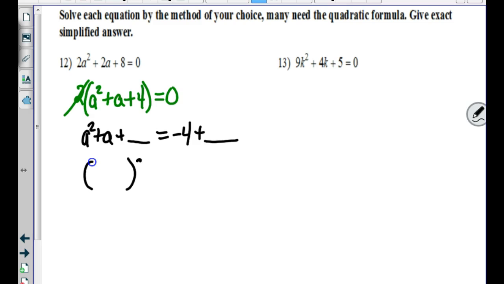What would this side be? Plus 1/2. Yes, please use fractions. If you square 1/2, what do you get? Square the top and the bottom, so you get 1/4. Then use your calculator, it's fine. Negative 4 plus 1 divided by 4. Math, enter, enter.